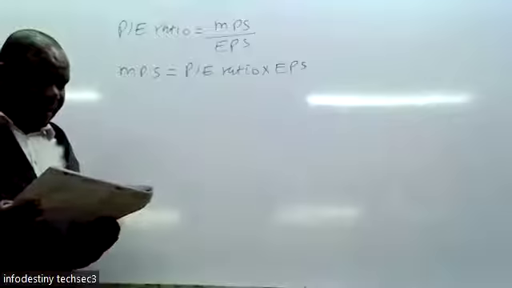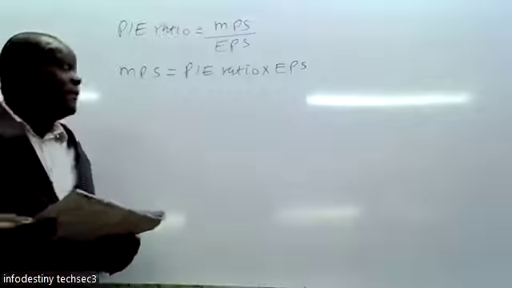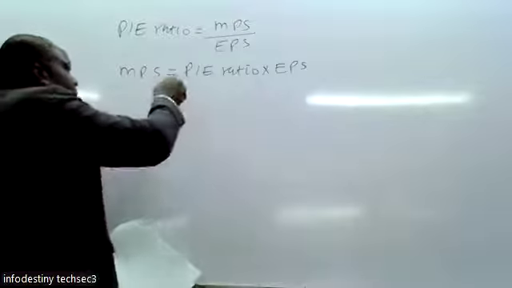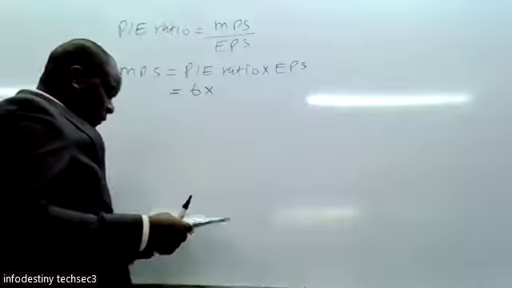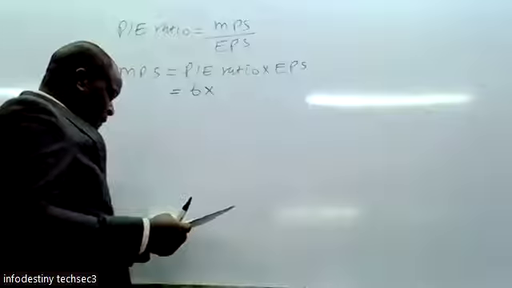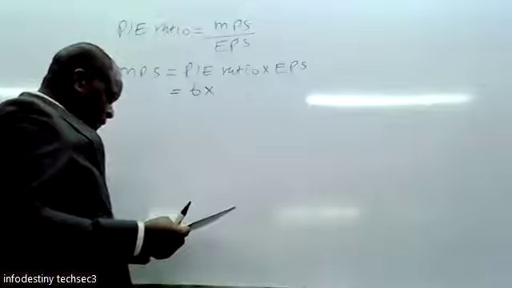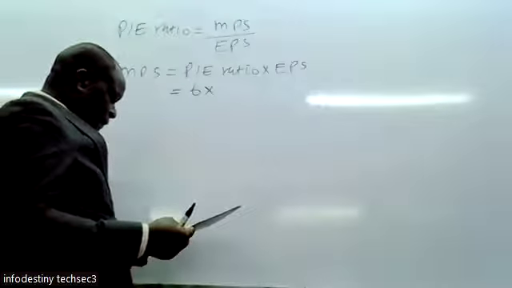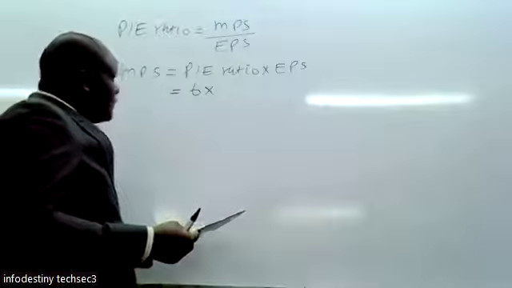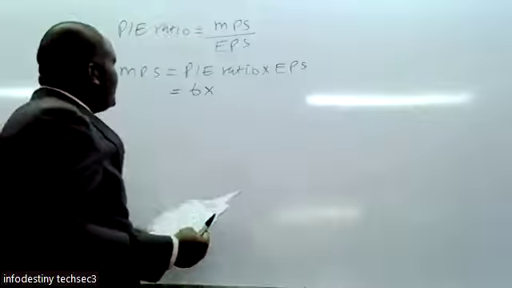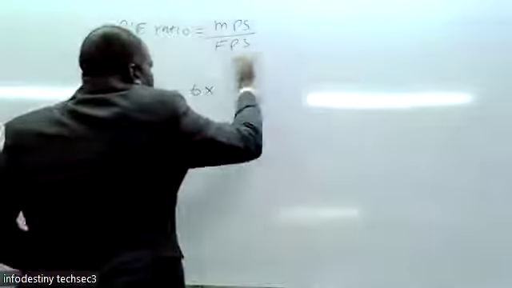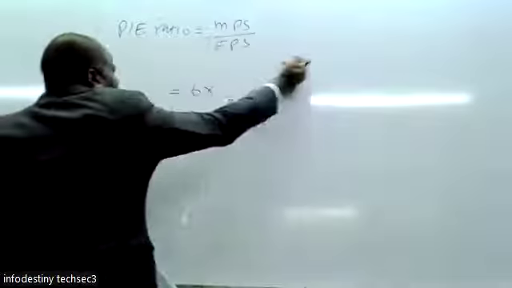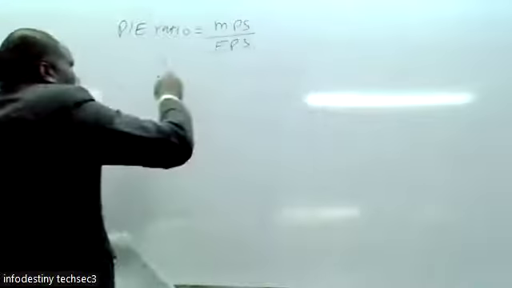So the price earning ratio was given as 6 times. Earning per share was given as what? We want to make earning per share the subject, that's what we are looking for.